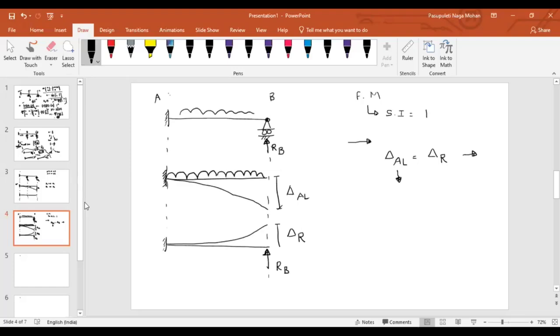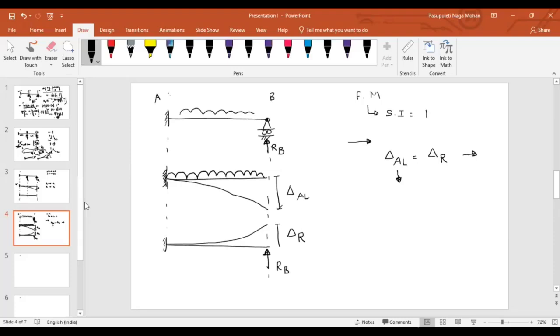If I don't know the reaction at RB, can I find what the displacement at that point really is? I'll get some equation in terms of RB, right? But I can't directly get how much it is.